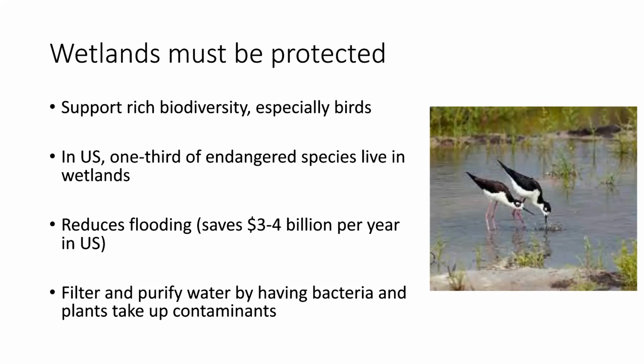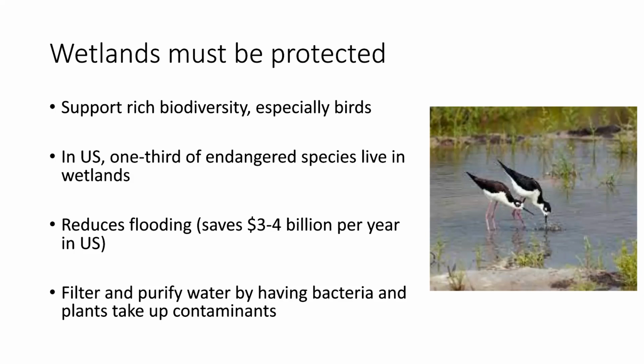So protecting these habitats is going to be extremely important in terms of protecting those endangered species, the species that are currently at risk of going extinct. Specifically birds, a lot of migratory as well as breeding birds, live and inhabit the wetlands.